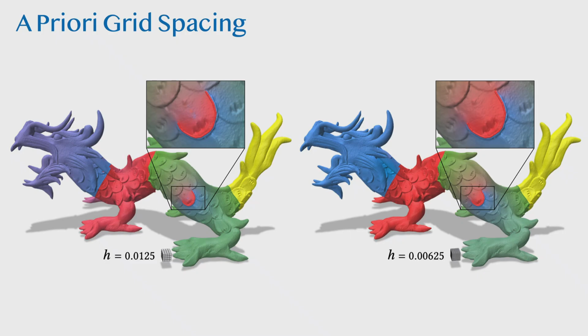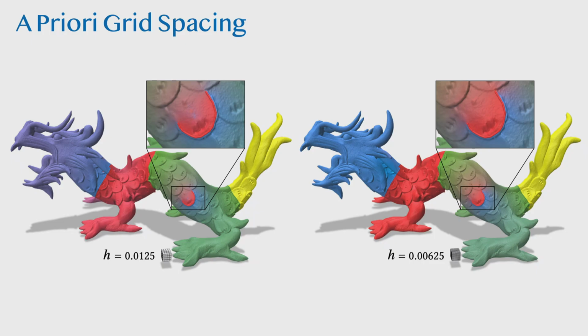Somewhat related to that same idea with adaptivity, but more generally just having a grid-based closest point method, it would be great to know what the grid spacing should be before you actually solve. So in this example, we ran the solver with H on the left, and we see that there are unwanted artifacts, with the purple on the head, and in the zoom in, there's a blue dot inside this red region.